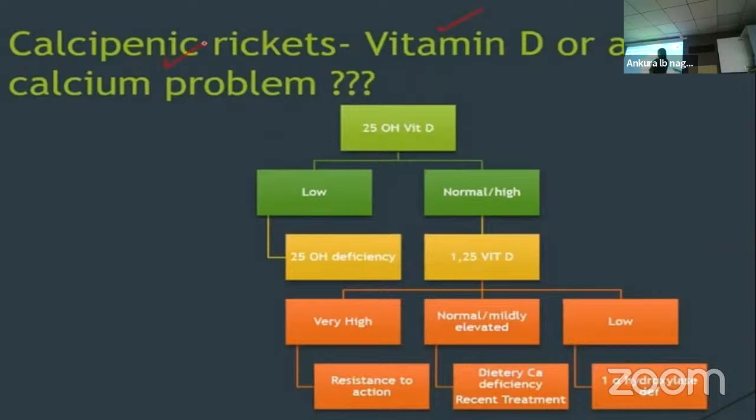If 25 hydroxy vitamin D is normal or high, the next step is 1,25 hydroxy vitamin D. If it is high, we can suspect receptor deficiency, resistance. If it is normal or elevated, we can suspect calcium deficiency only. If 1,25 hydroxy vitamin D is low, it is suggestive of 1 alpha hydroxylase deficiency.